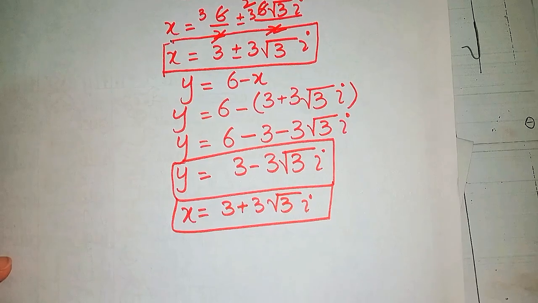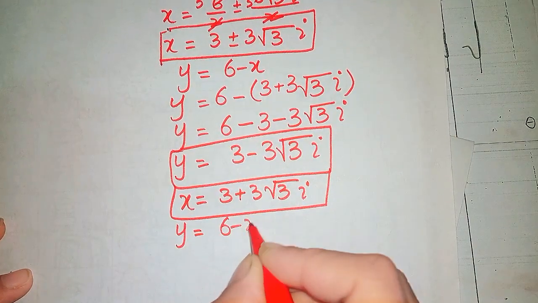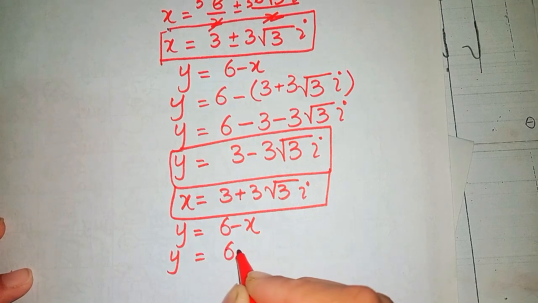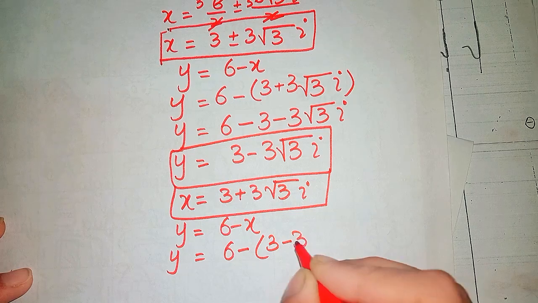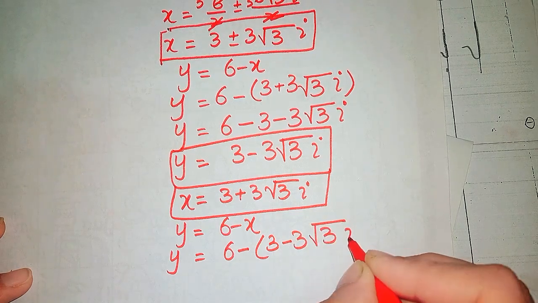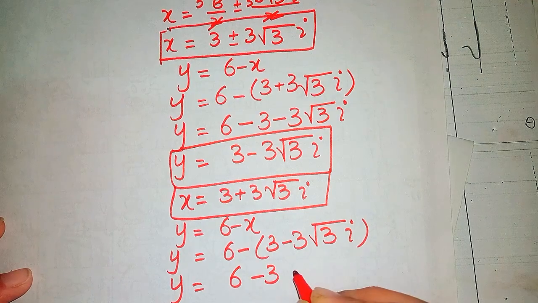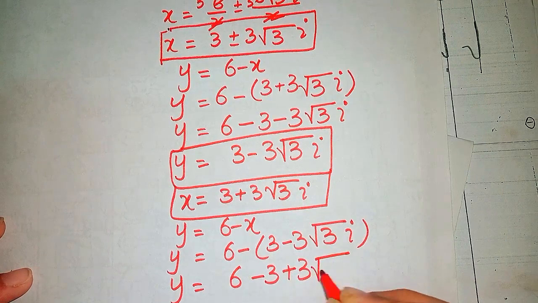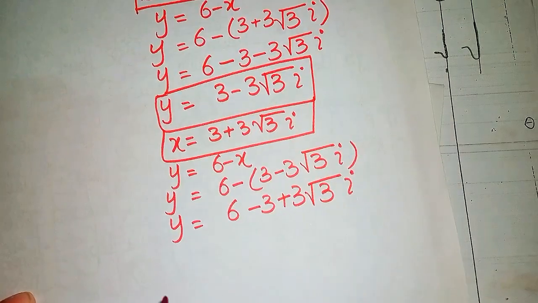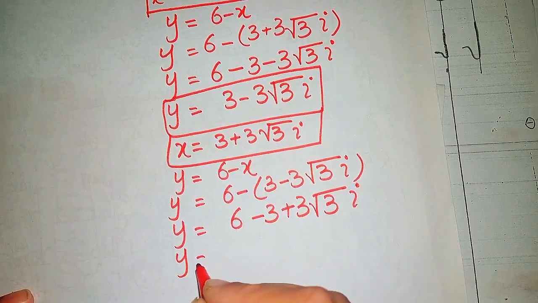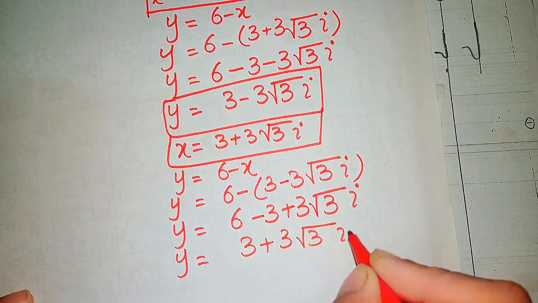Now we put the negative value of x in y equals 6 minus x, so y equals 6 minus (3 minus 3 into square root 3 iota), and it becomes 6 minus 3 plus 3 into square root 3 iota, which is y equals 3 plus 3 into square root 3 iota.